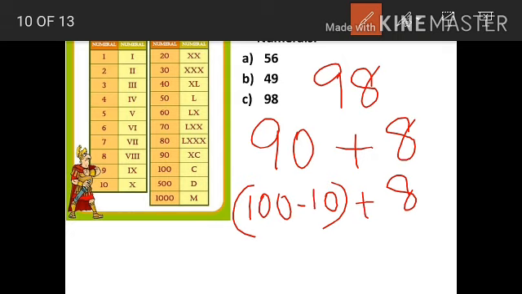It is represented by C. So, C will be written here. And what about 10? It is represented by X. So, X should be written at the left side. So, XC. XC means 90.